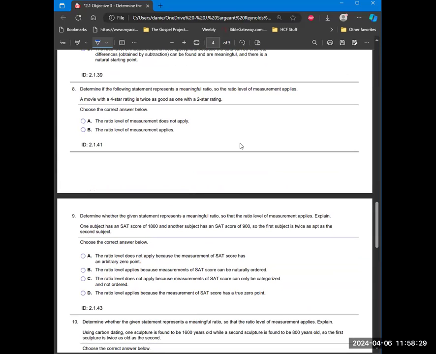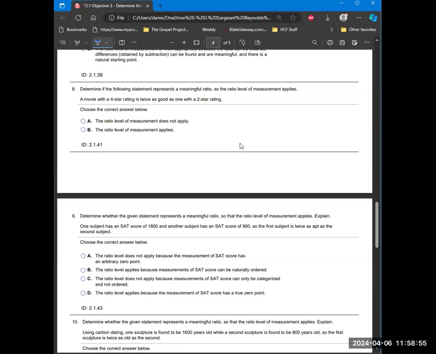Determine the following statement and see which level of measurement best applies. A movie with a 4-star rating is twice as good as one with a 2-star rating. So that would be ratio does not apply.